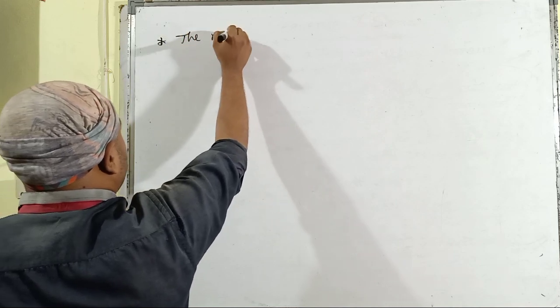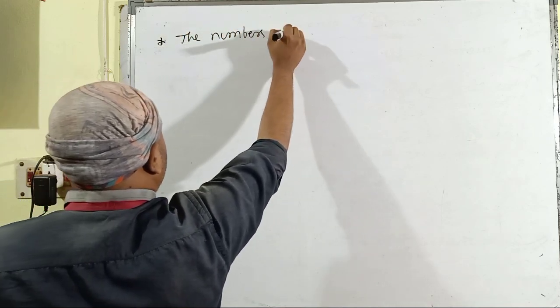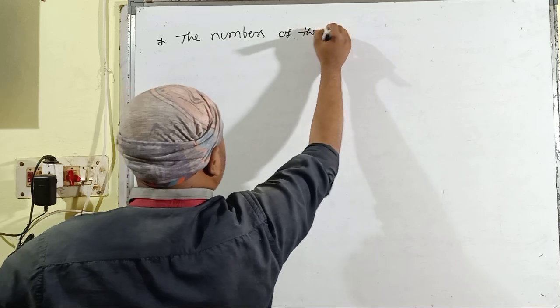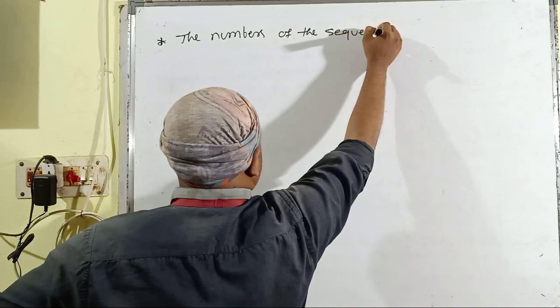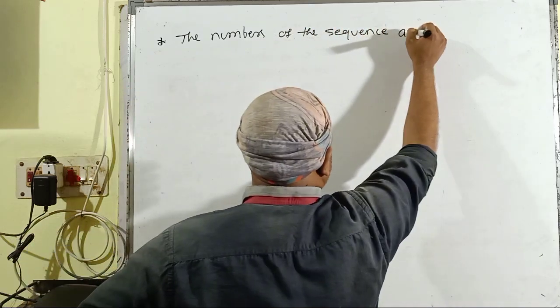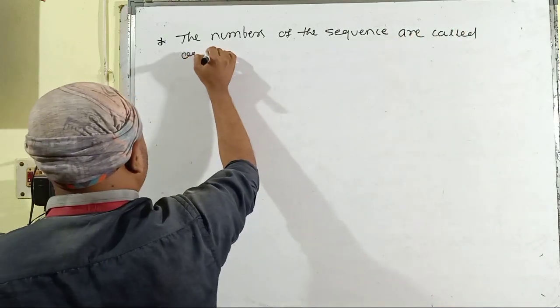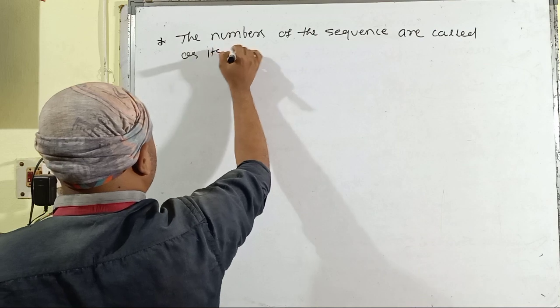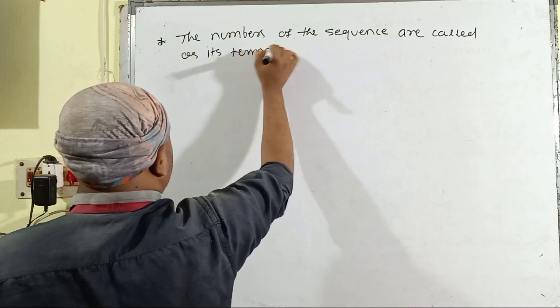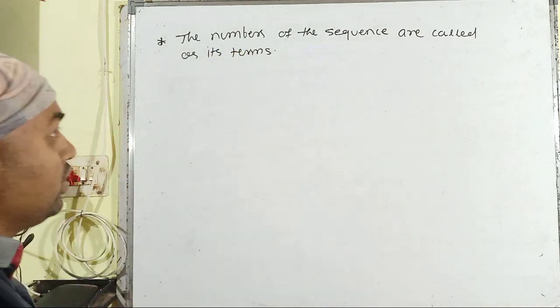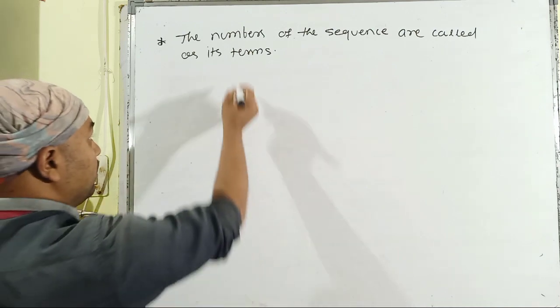The numbers of the sequence are called its terms.